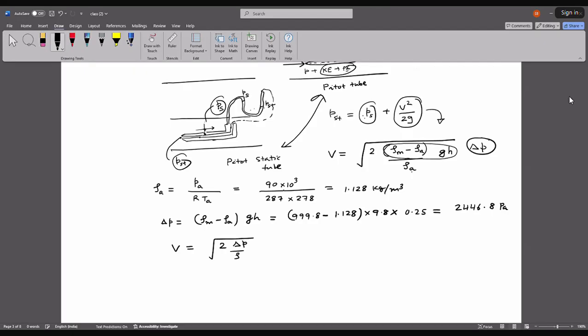So you can substitute square root of 2 into 2446.8 divided by 1.128. This will come out to be 65.87 meter per second.